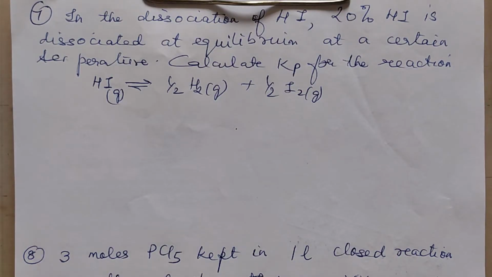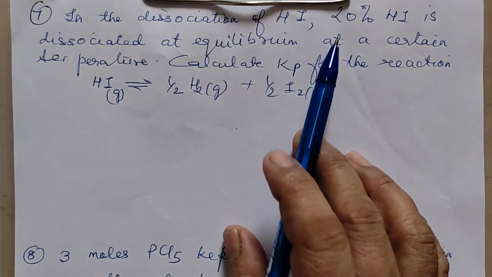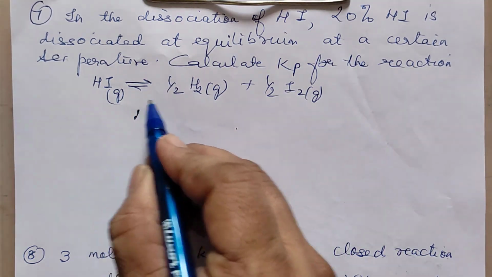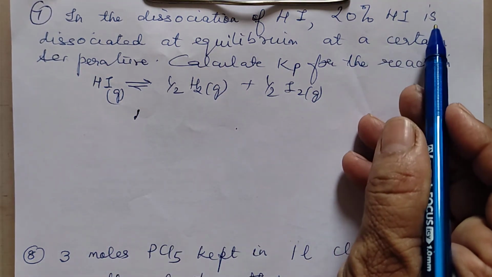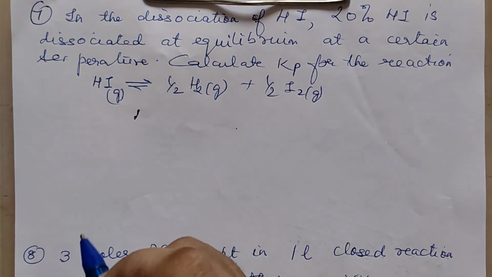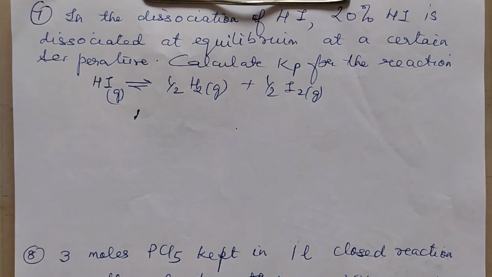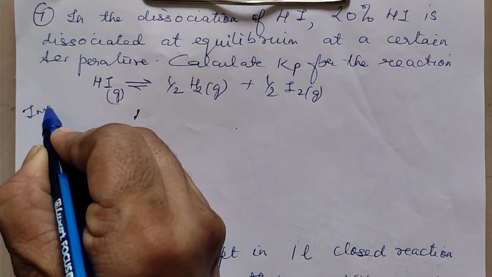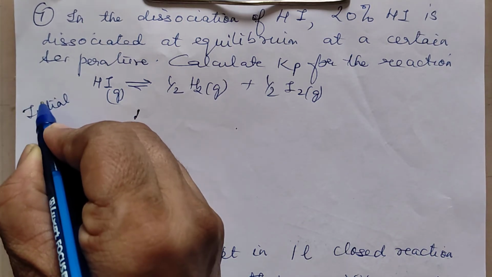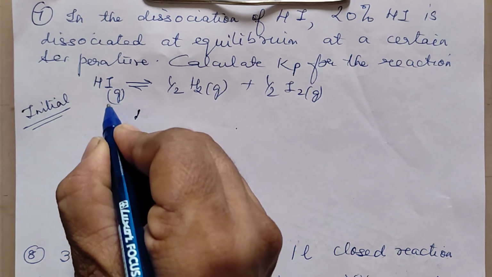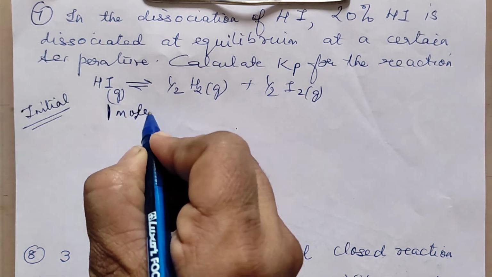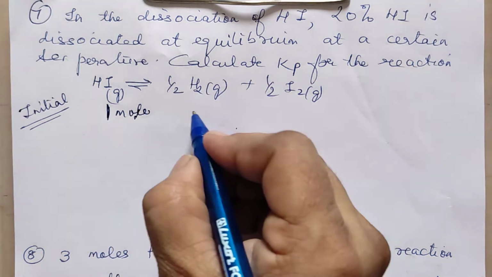Yeah, next question is, in the dissociation of HI, this is the equation, 20% of HI is dissociated at equilibrium and Kp you have to calculate. Nothing else is given in the question. Whatever you take initially, of that 20% is dissociated. Let me take initial as 1 mole. The products are 0.